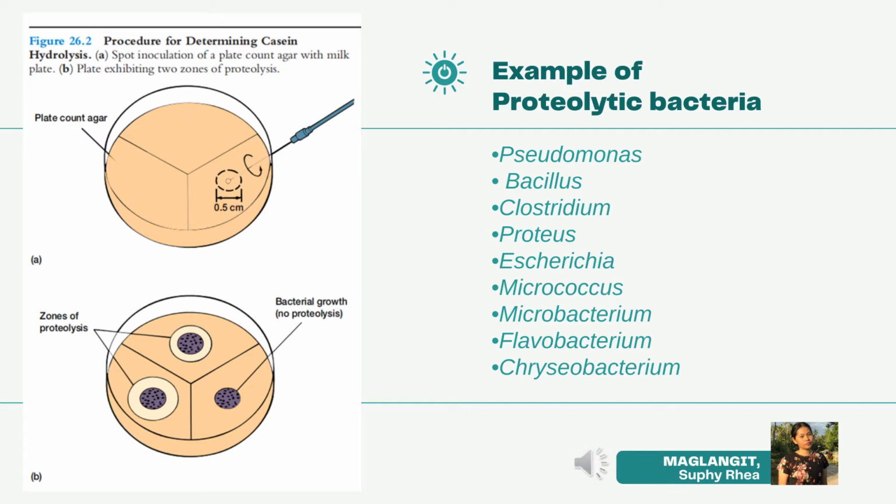Shown on your screen are examples of proteolytic bacteria, which means that they can produce protease enzymes, which are enzymes that can break down peptide bonds in protein molecules. They are Pseudomonas, Bacillus, Clostridium, Proteus, Escherichia, Micrococcus, Microbacterium, Flavobacterium, Chryseobacterium, and many more.